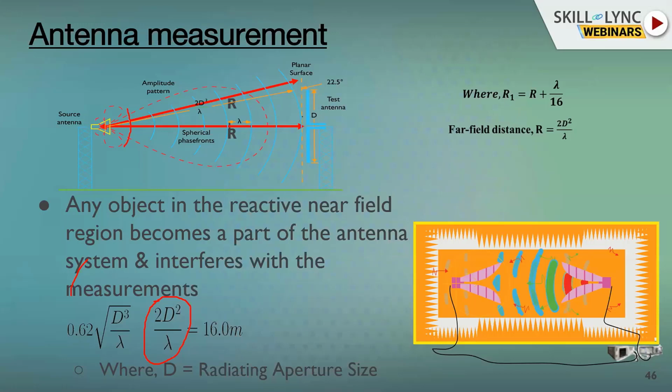So when it is received at the receiver end, if you look at the phase difference between the spherical wave and the aperture plane, the acceptable phase difference is 22.5 degrees. If you convert that 22.5 degrees in terms of wavelength, it will come to around lambda by 16, right?